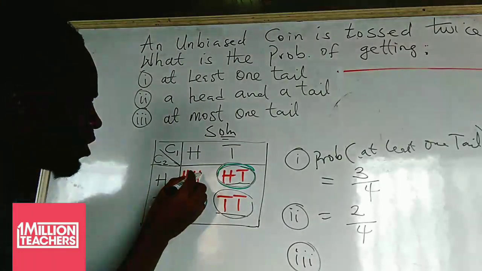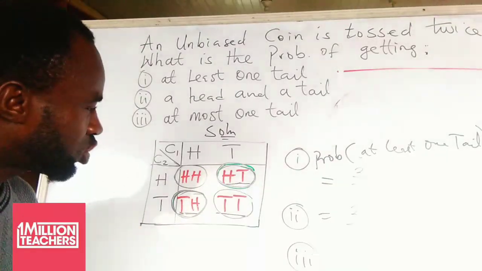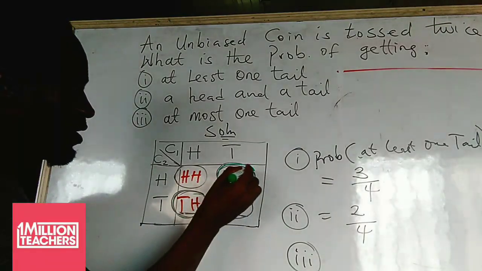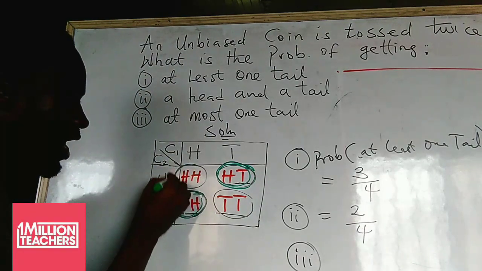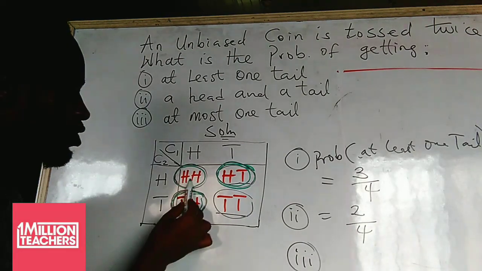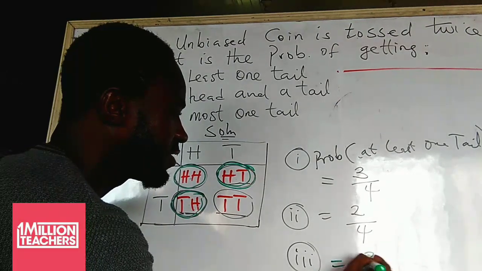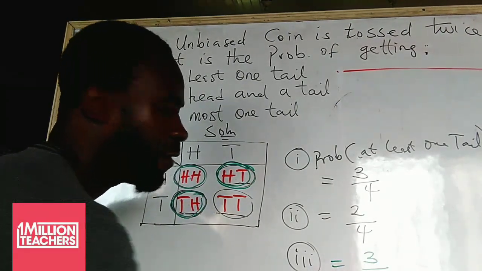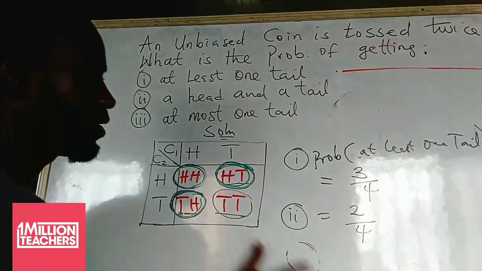At most simply means that the highest they need is one tail. But it is possible for us to choose this. Here, there is no tail at all. So we are choosing HT, TH, and HH. So let's count them. 1, 2, 3. So our probability to that is 3 over 4. Can you see that? Okay, let me write it here.